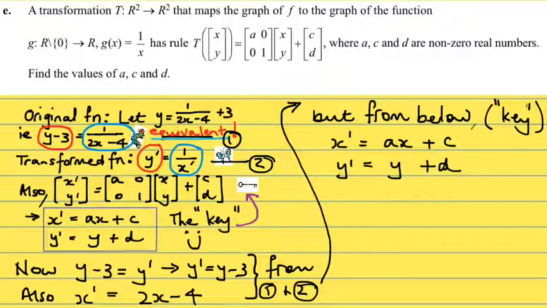So, it's very obvious to me that if that is the case, and if what's at the bottom of the left-hand column is the case, we can just work out what those A, C, and D numbers are. Yes, A must be 2, C must be minus 4, and D must be minus 3. It's just as simple as that.